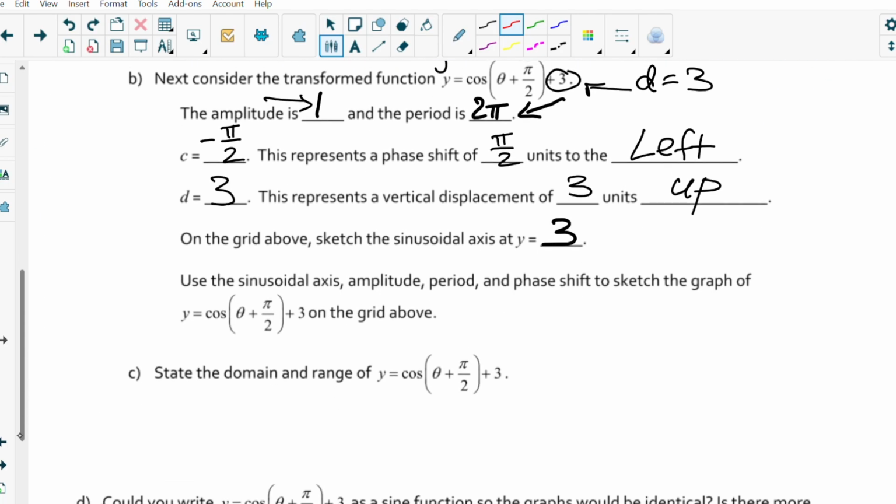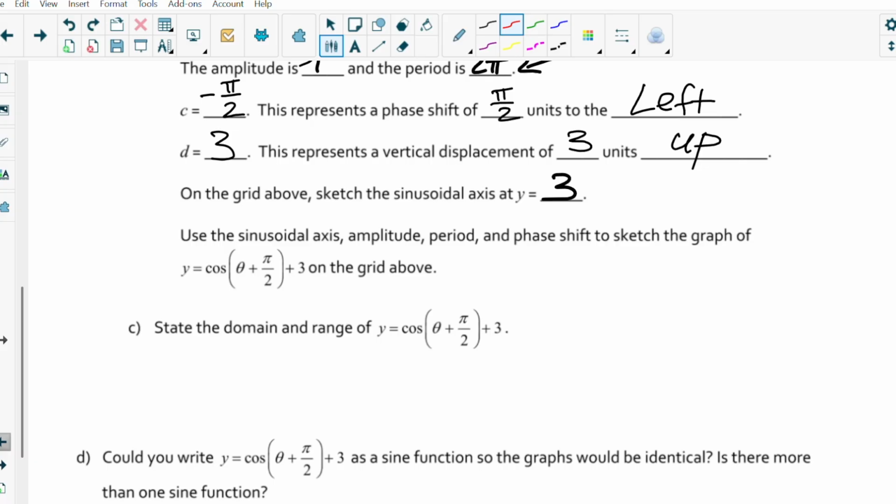Okay. What does that look like? So if I go from the black graph, x, y, let's do some mapping notation. That's x minus pi over 2. And then the y value is y plus 3 if we're mapping it.